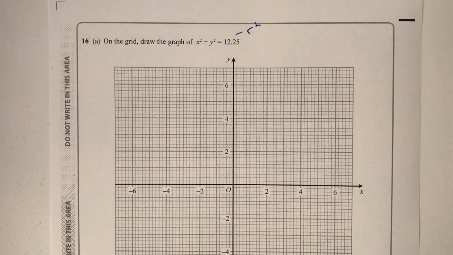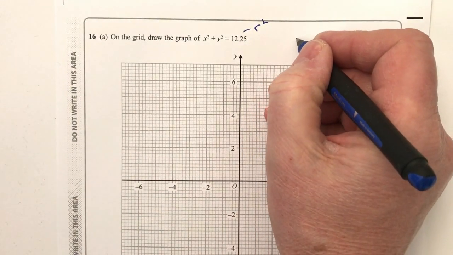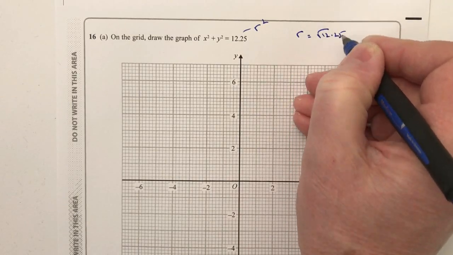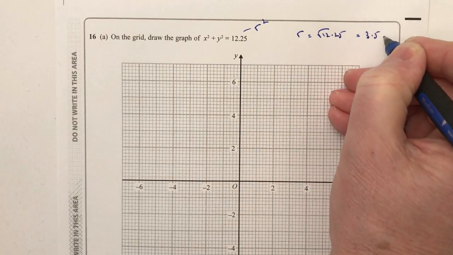So as a rough idea, it means then that the radius itself is going to be the square root of 12.25, which is 3.5. So the radius is equal to the square root of 12.25, which is equal to 3.5.